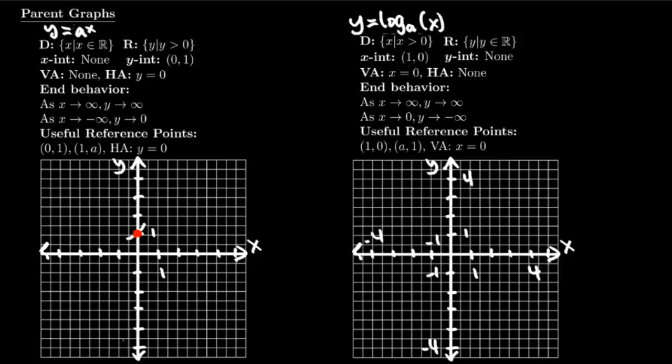And then the thing will just grow exponentially this way, and get closer and closer to the x-axis this way. So you have a horizontal asymptote at y equals 0. And then at x equals 1, you have a point that's going to be 1 comma whatever that a value is. So whatever your base or multiplier, whatever you want to call it, is.